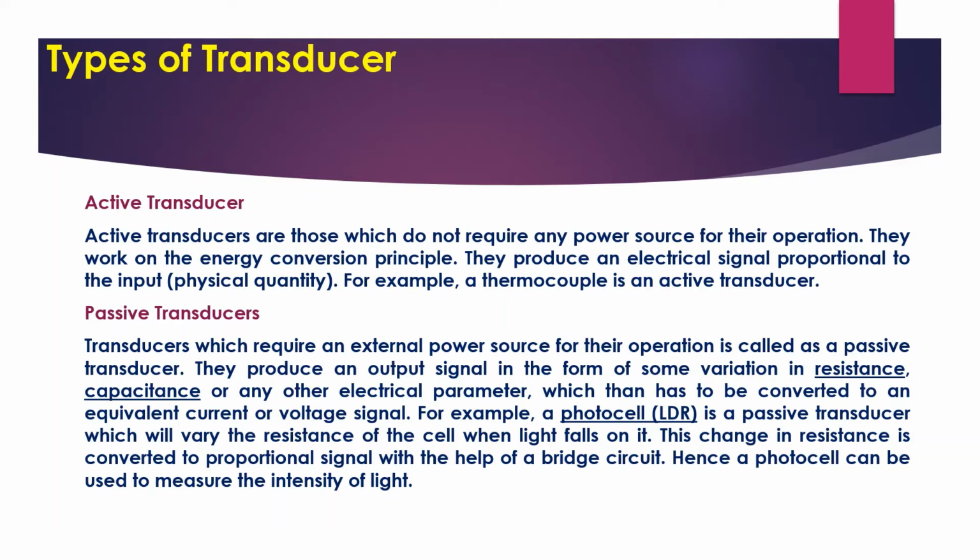Let us go through the proper definition of an active transducer. Active transducers are those which do not require any power source for their operation. They work on the energy conversion principle. They produce an electrical signal proportional to the input, that is, the physical quantity. Whether you are measuring temperature, pressure, sound, or light, all these are non-electrical quantities which have to be converted into electrical quantity.